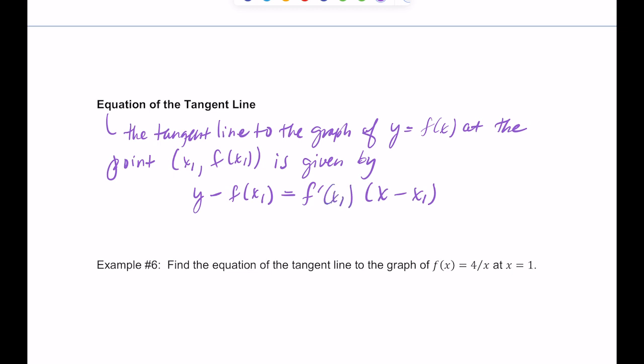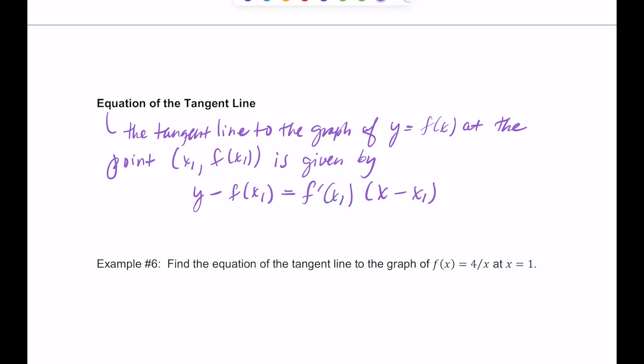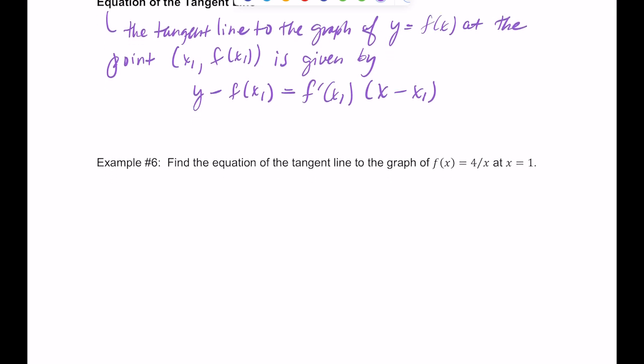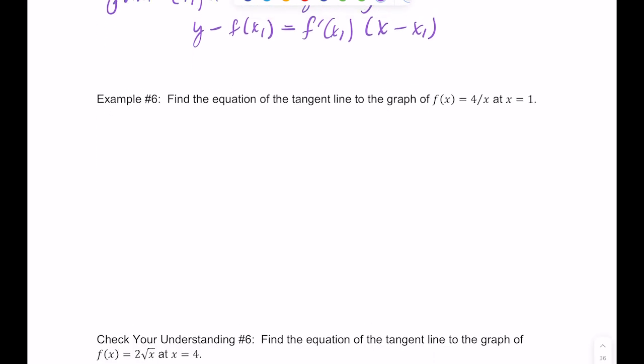Okay, so that's all the slope is. And that's all the derivative is. It's the slope of the tangent line. Okay, again, provided that the derivative exists. Okay, so it says find the equation of the tangent line to the graph of f of x equals 4 over x at x equals 1.